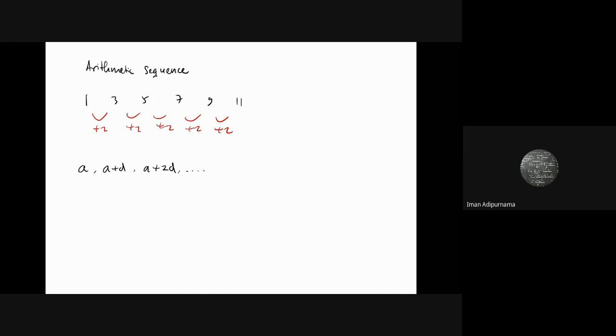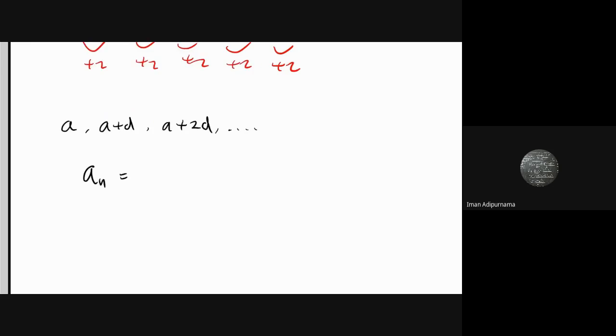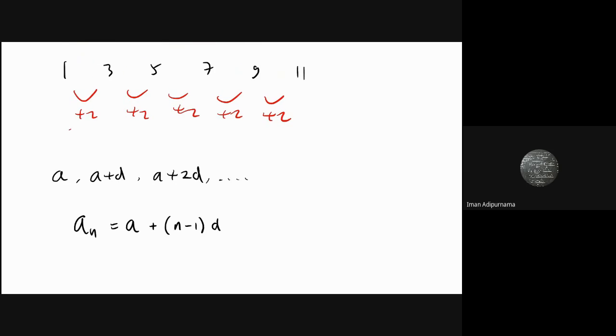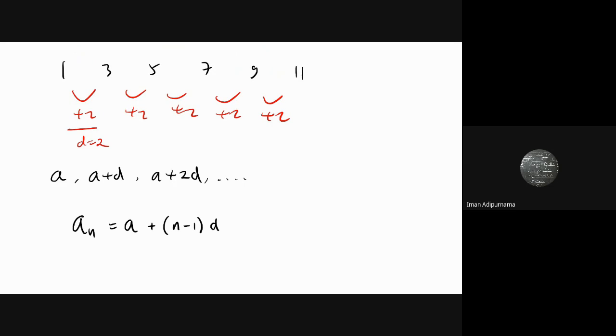For every list, the nth term will be the first term plus (n minus 1) times d. d is the difference. Like this one, the difference is 2. d is 2.